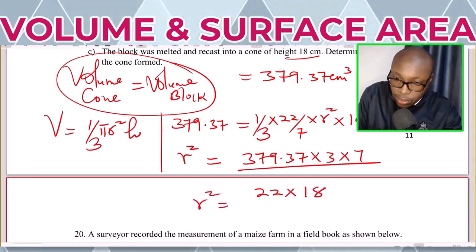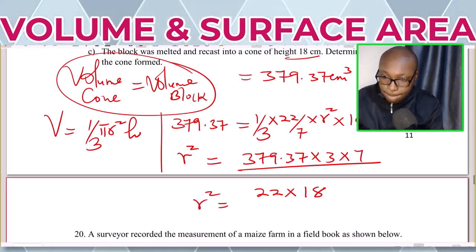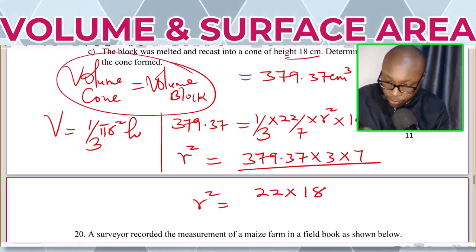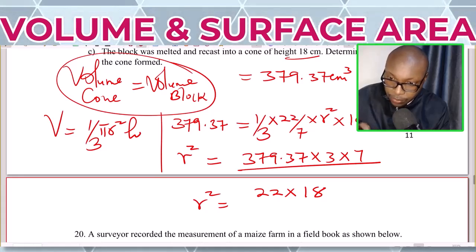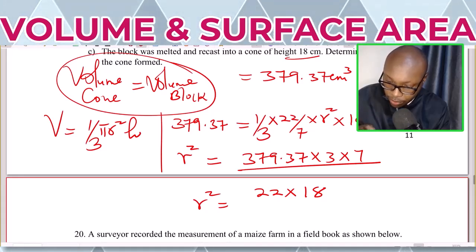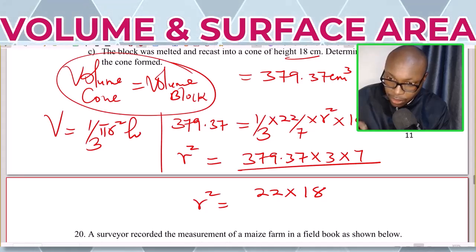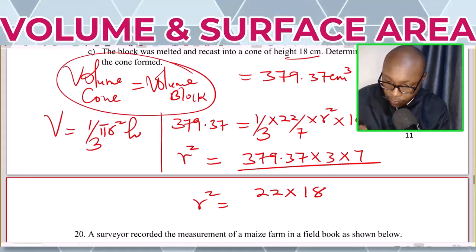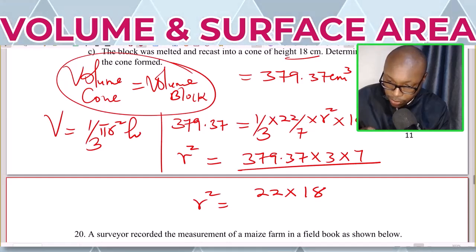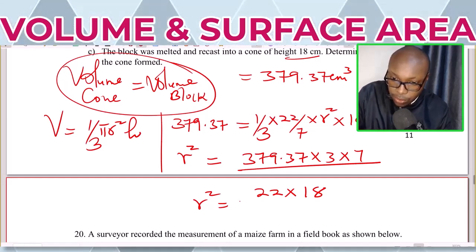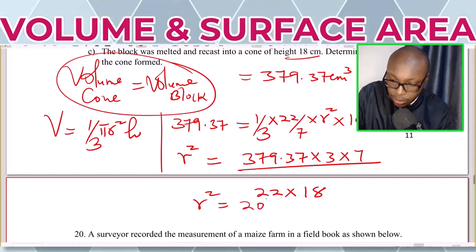So r squared will be 379.37 times 21, that is 3 times 7, and then everything divided by 22 times 18.